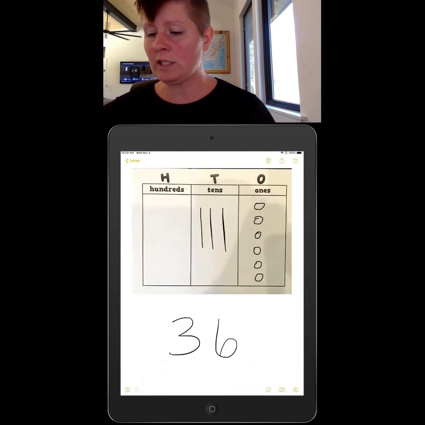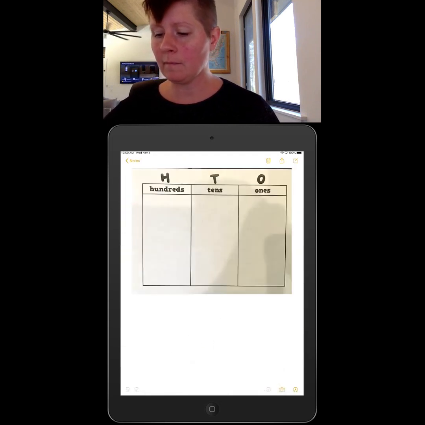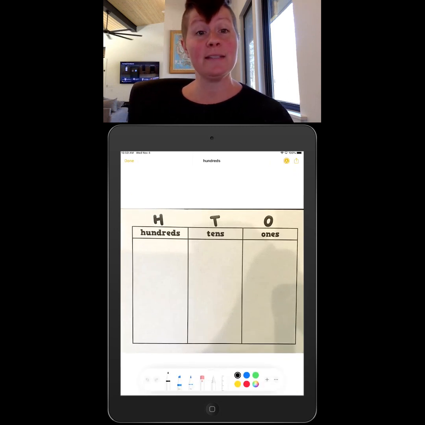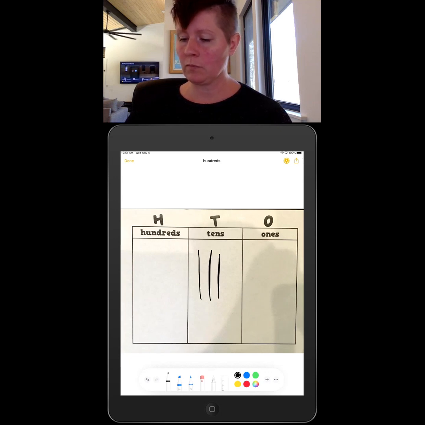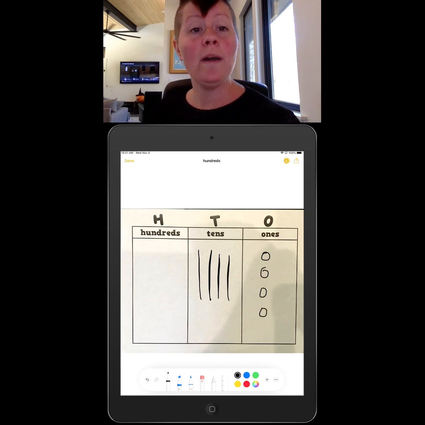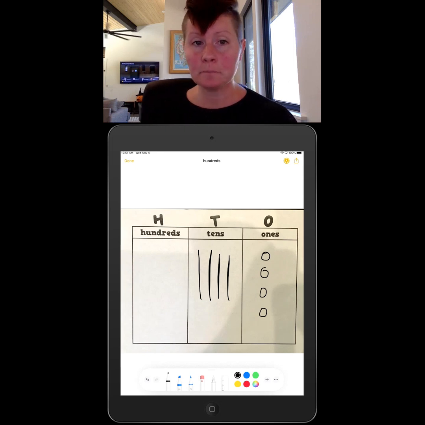Now, what if I switched it around on you and I drew something in the place value chart? Could you then tell me the number? So what if I drew this, what number does that represent?